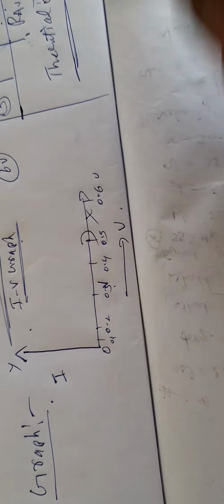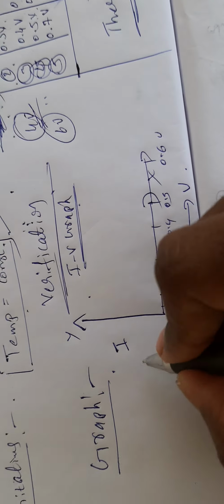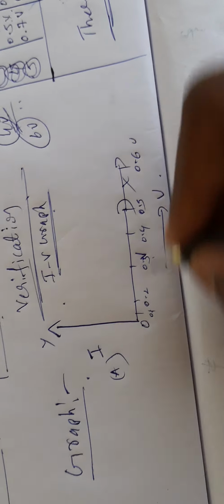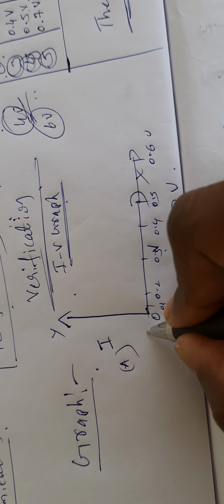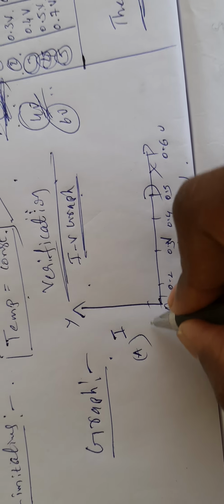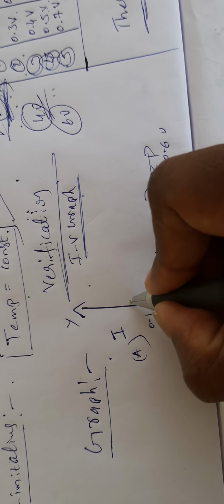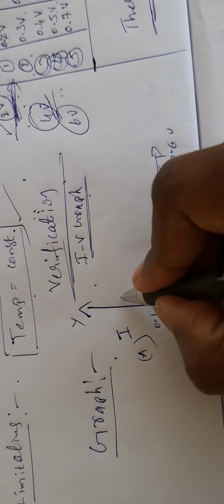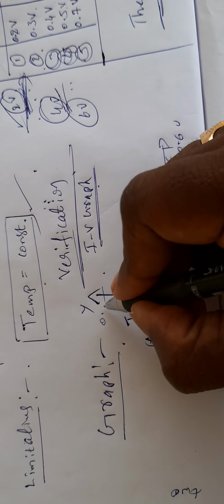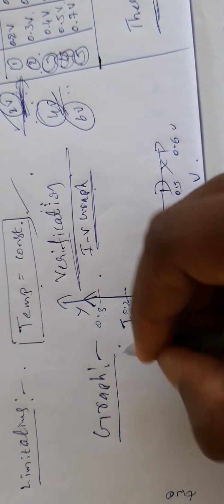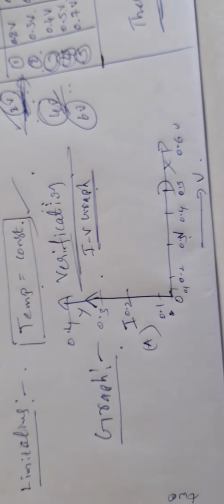In terms of volts I am taking. In the same way, in terms of amperes along the y-axis I am taking. It started at 0.1 ampere, no? So 0.1, 0.2, 0.3, and a little up, 0.4 also.